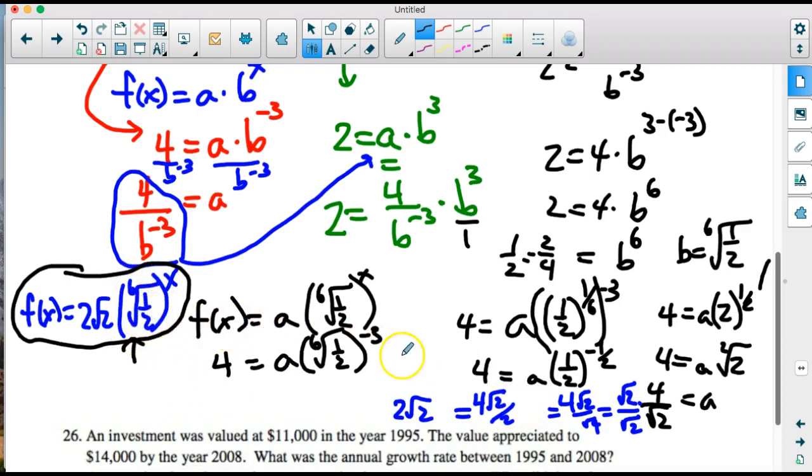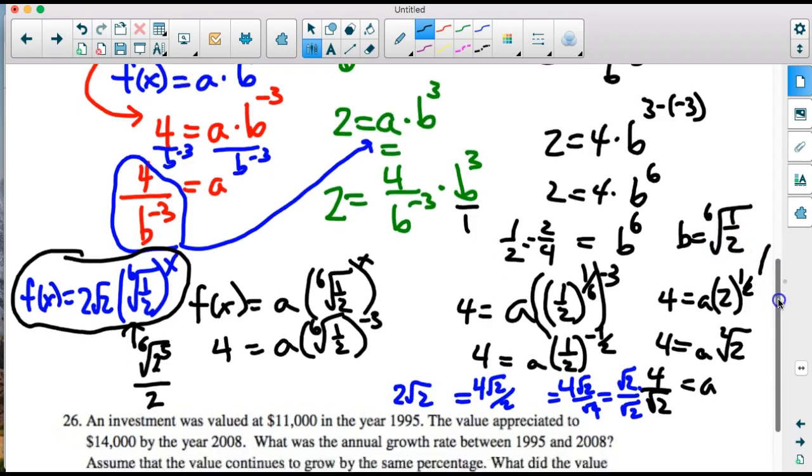This one we only multiplied by the square root of 2, and this one we'd have to multiply by the 6th root of 2 to the 5th power, just so that we can get rid of the 2 on the bottom. So in reality, this is the 6th root of 2 to the 5th power over 2 for this problem. But this would be fine for this purpose.